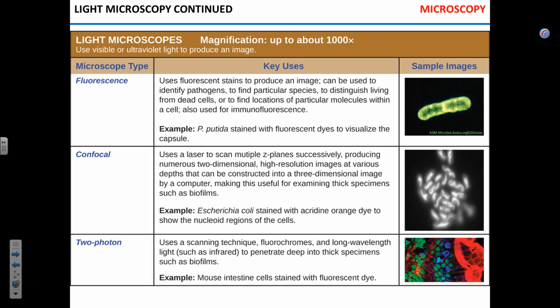Now, what is the advantage of fluorescent staining? Well, first of all, some cells, some bacteria are really small and it's hard to observe them using regular light microscopy. For example, mycoplasma, which is a common causative agent of pneumonia and genital infections, is really small.